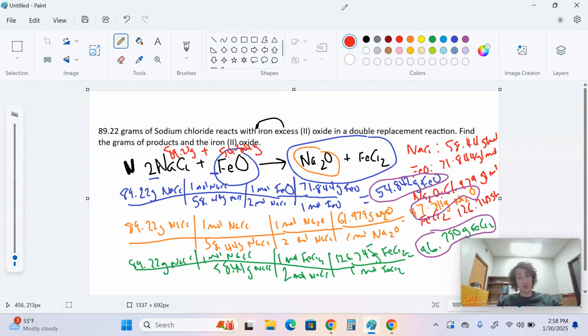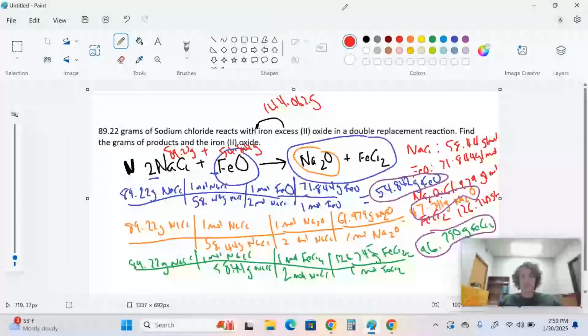Okay, these together are going to give us a number if I add them together, right? So it says right there, it says to add them, so let's add them. 89.22 plus 54.842. And I get a total of 144.062 grams. That is the total grams on the left side.